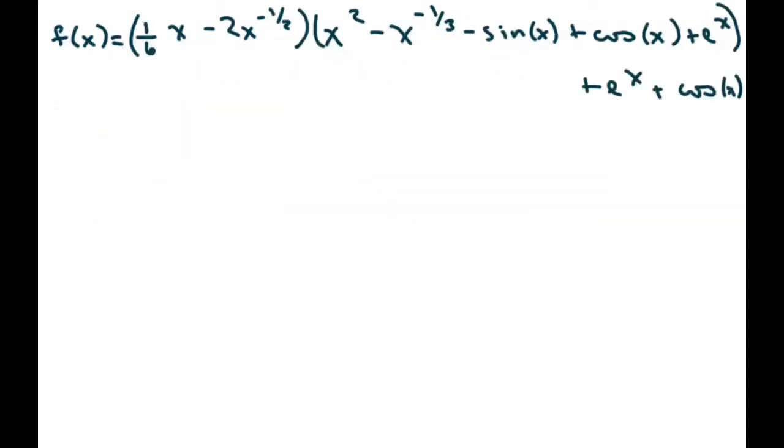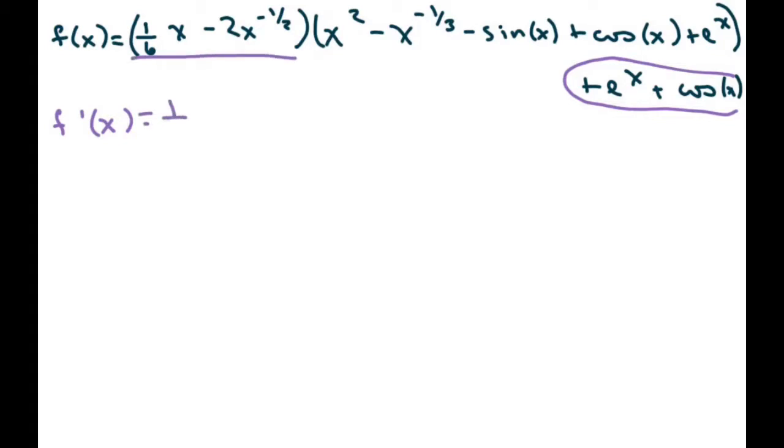Okay, and the second one's a little harder. It's not harder, it's just longer. So we're going to take our derivative. Here's our little two tag-along guys. We're going to do them last. So the derivative of this one is just going to be 1/6, and that's going to be plus 1/2 of 2 is just 1, so that's going to be plus x to the negative 3/2.